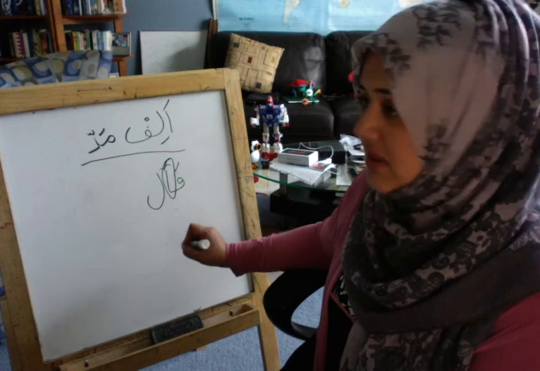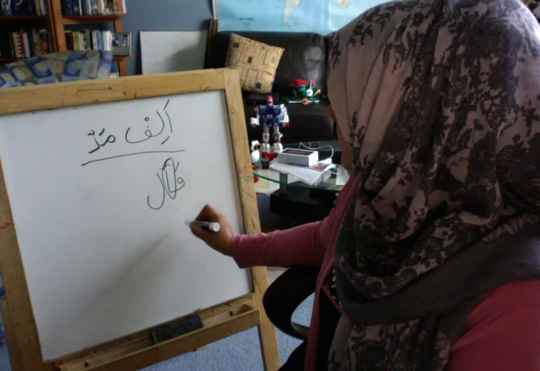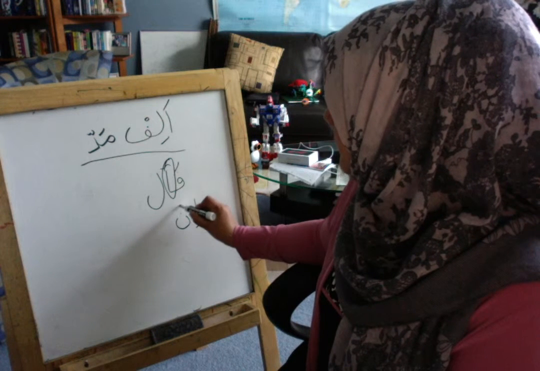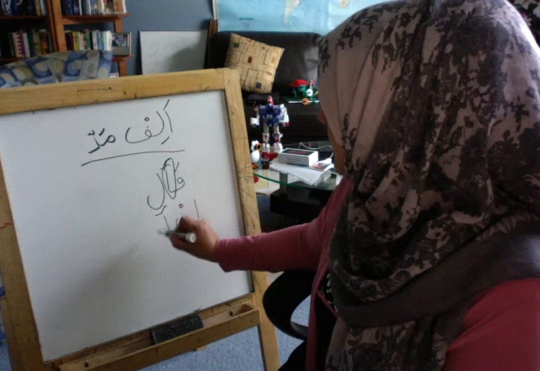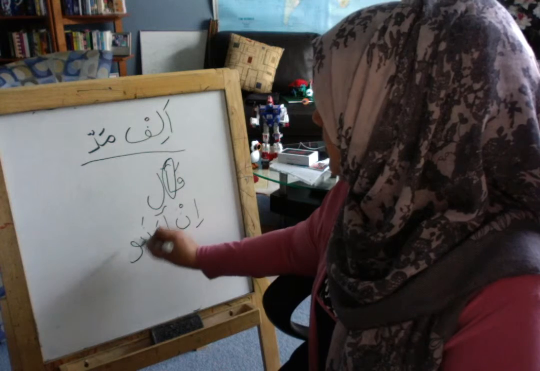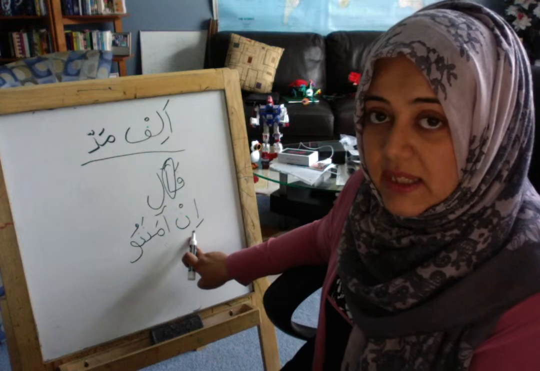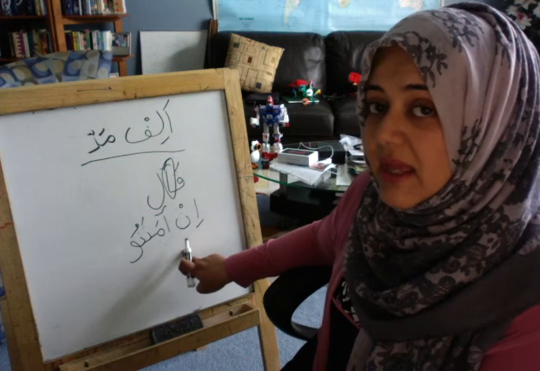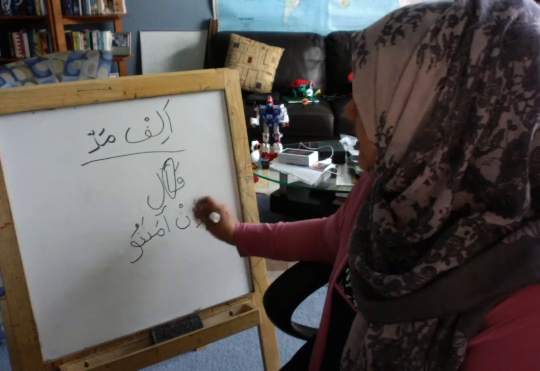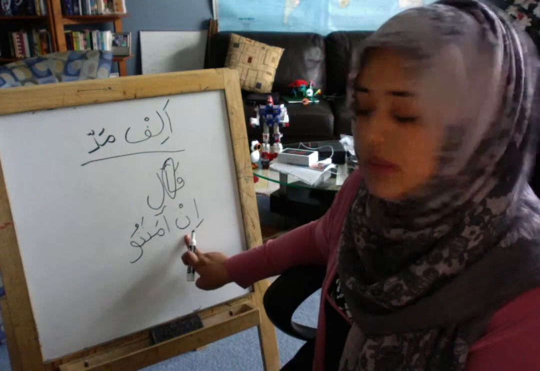However, if you had, for example, amanu. Here you have a nun sakin. So here you have something that is not a Tafkheem letter.